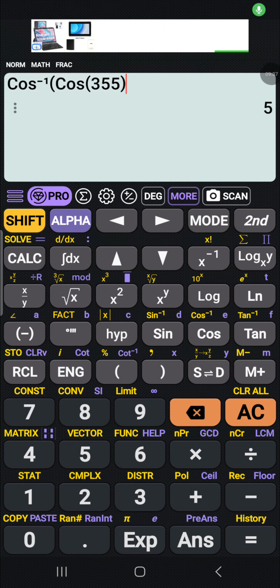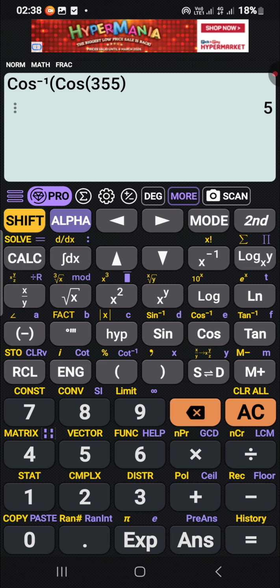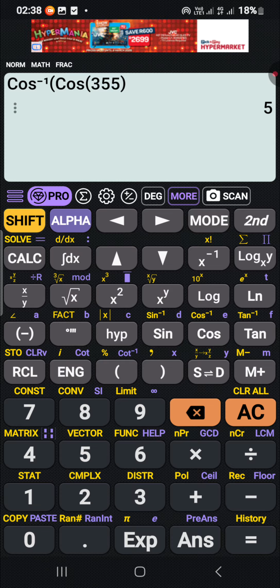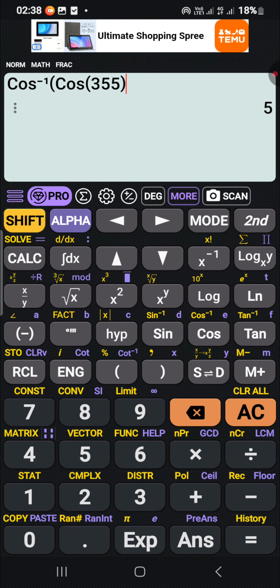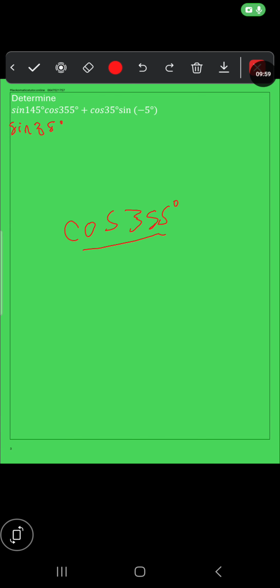So shift cos 355. The reduced angle is 5. So the 5 is going to replace this big angle, and the trigonometric ratio is positive because we're getting a positive angle there.